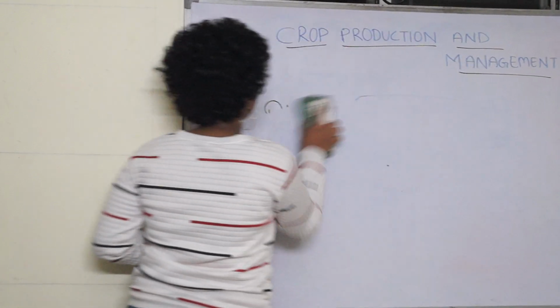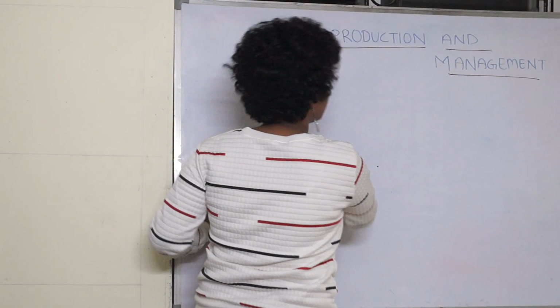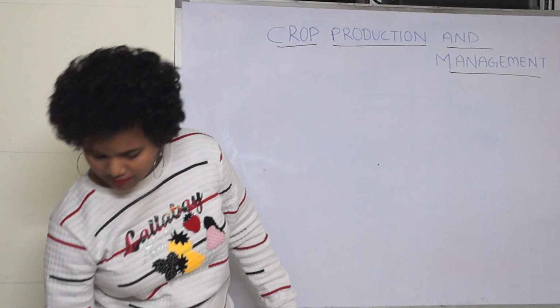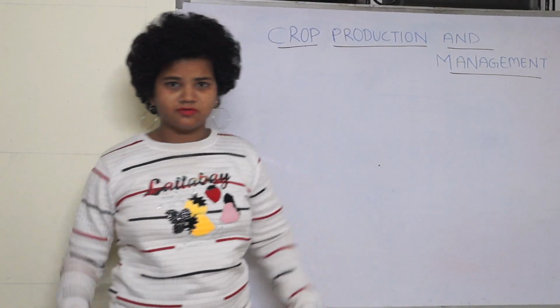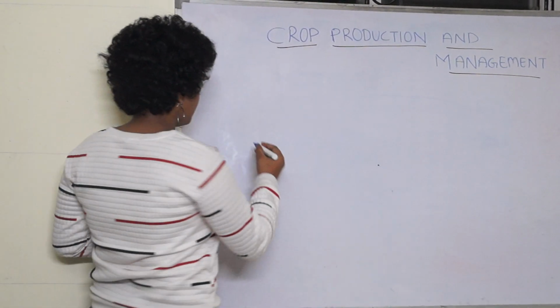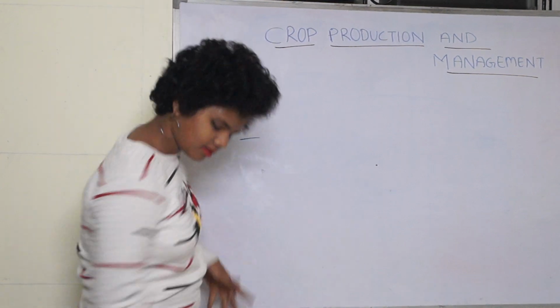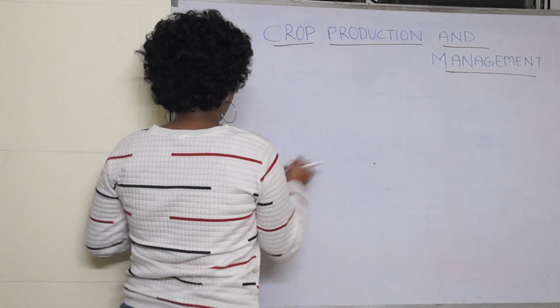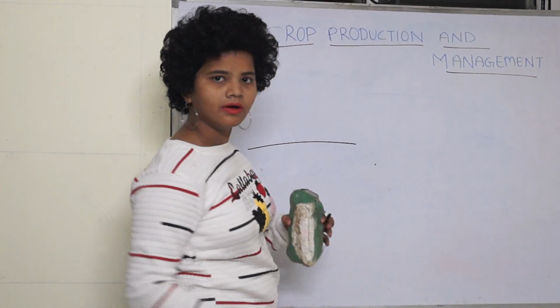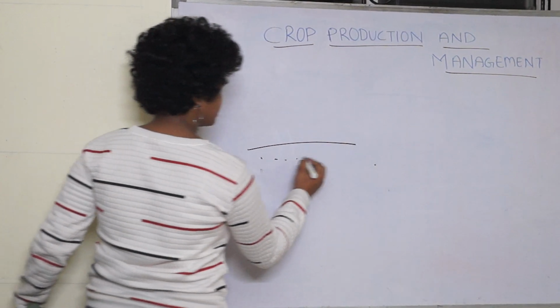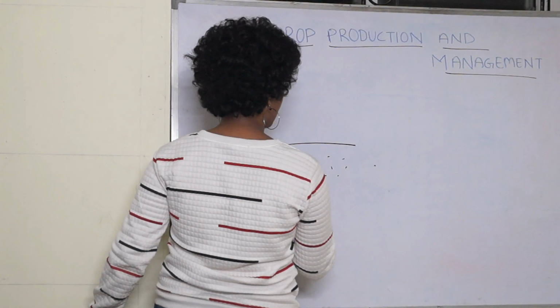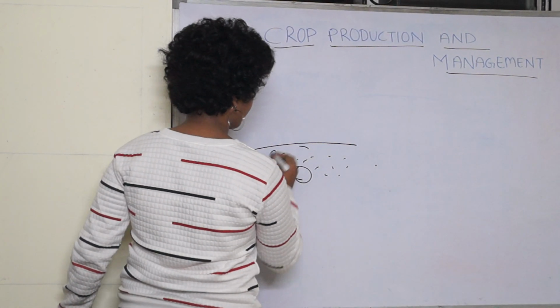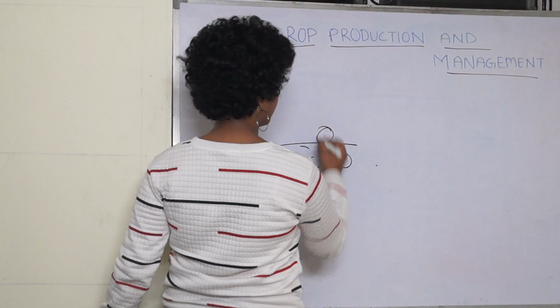What is leveling? If we plow the soil, sometimes we have big lumps and crumbs of soil. See, I have soil here, and there is some small sand here, and I have big crumbs and lumps here.